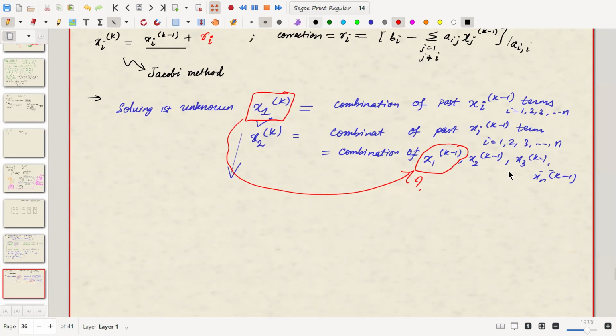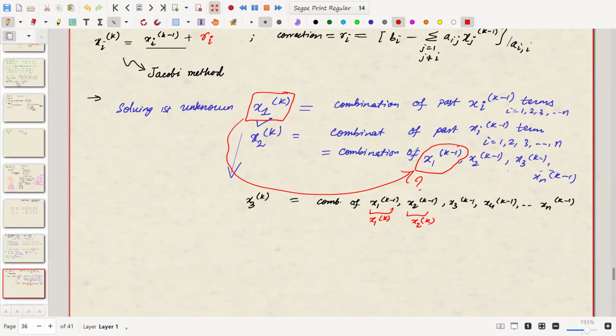Now, if you see the further values, x3 of k according to this rule will be a combination of x1 of k minus 1, x2 of k minus 1, x3 of k minus 1, x4 of k minus 1, and so on till xn of k minus 1. But again, we have the same trouble here. Why are we not using x1 of k and the previously computed x2 of k? Here, it will be much better.